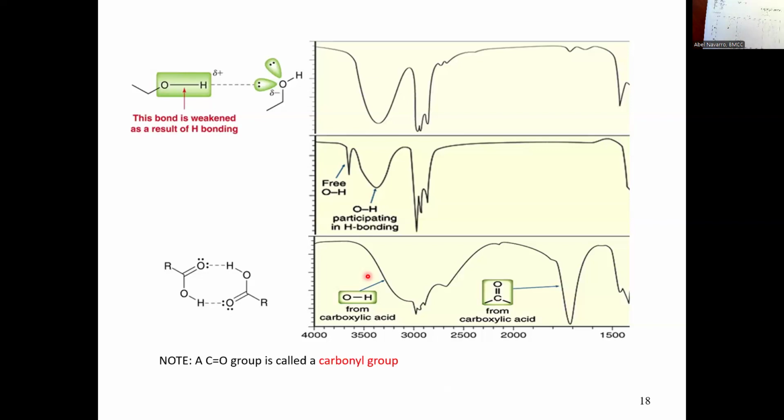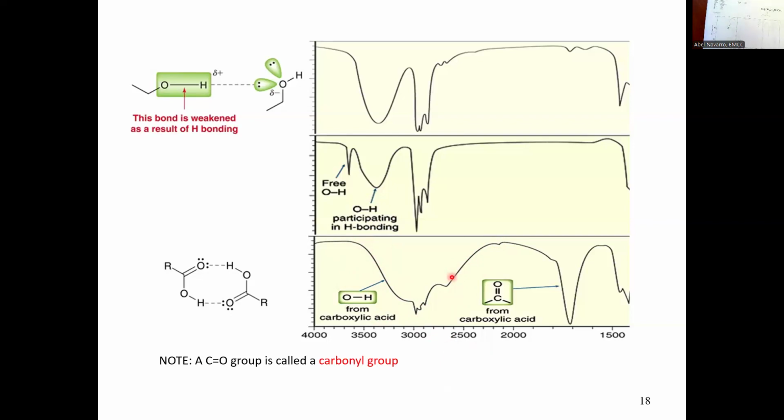The OH is involved in intermolecular hydrogen bonds with the same carboxylic acid. It is involved in resonance. Therefore, that OH loses shape. So it will show as a really broad and distorted band. It can go all the way from 3500 to even 2000s. Okay, so can I predict it? No, you cannot predict it.